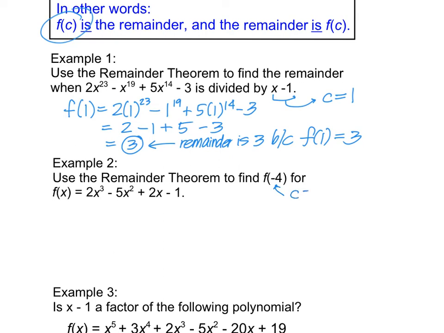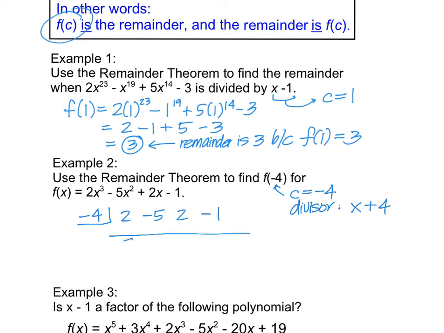So if c is -4, then the divisor that we're working with is, oh sorry, not c plus 4, x plus 4, okay? All right, so -4 goes in the box, and I have 2, -5, 2, -1, and I'm going to perform the polynomial division.